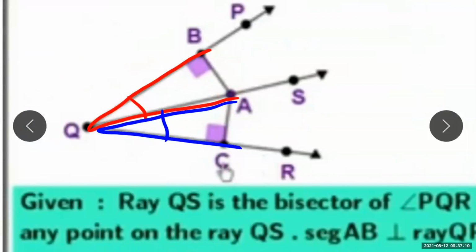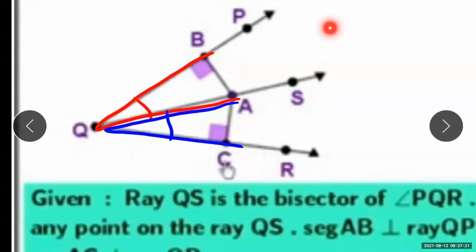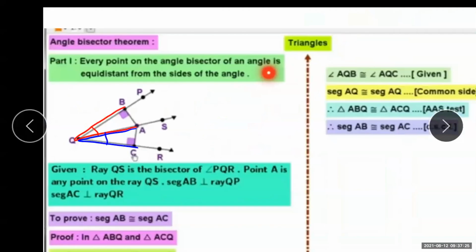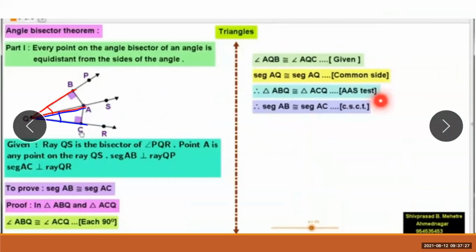Yeah, you can also write this S A A. Okay, so by that test of congruency, both the triangles are congruent to each other. And as the triangles are congruent, their corresponding sides will be also congruent.